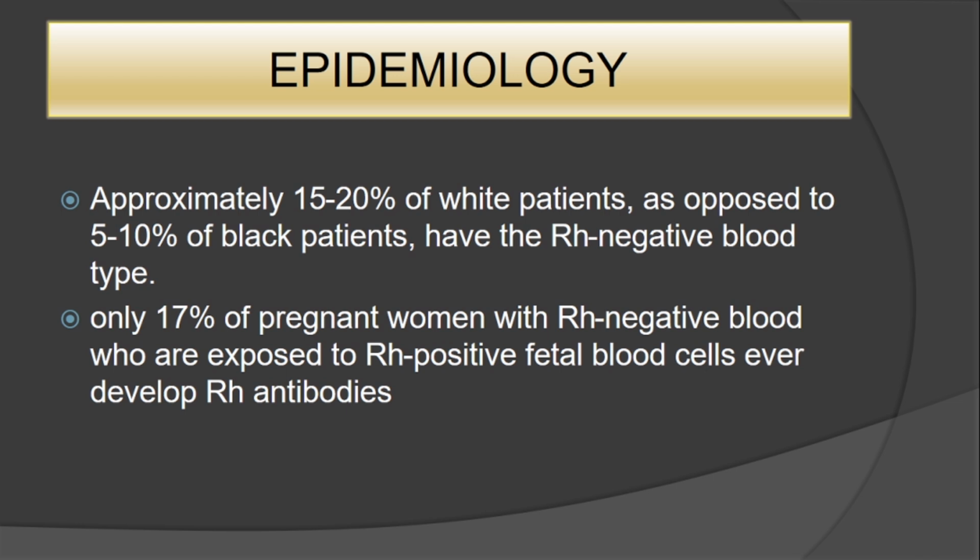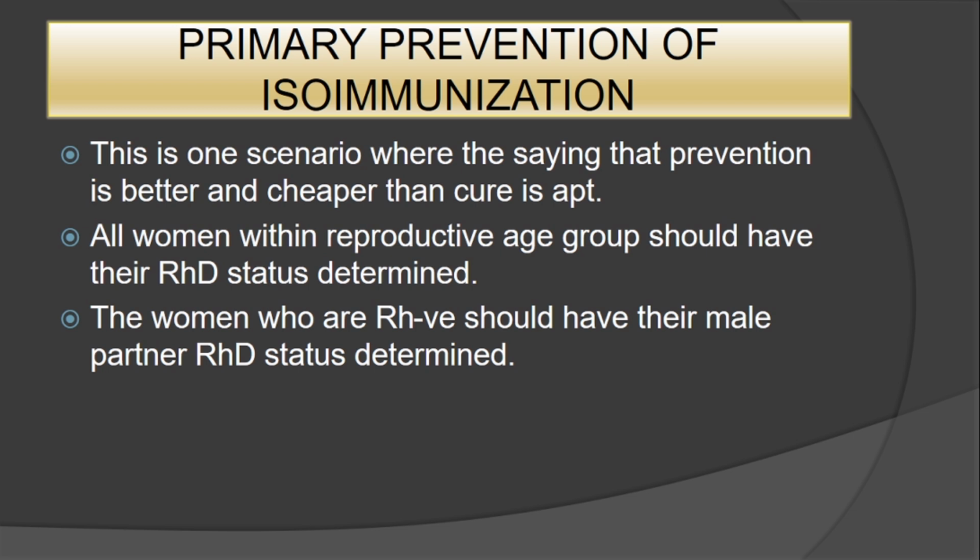Now, we are going to quickly go into prevention in this case, because this is one scenario where the saying that prevention is better and cheaper than cure is very, very apt. We look at it that way because prevention of Rhesus isoimmunization is cheaper and better.